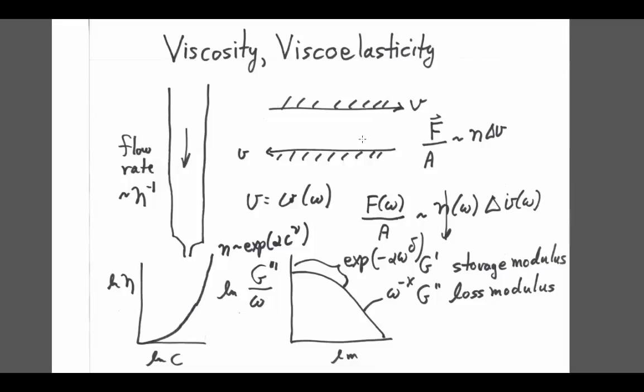Now, usually what you do if you're rotating the cone or the plate back and forth is that you rotate things through a small angle, but you can also do what is known as large angle oscillatory studies, and in the large angle oscillatory studies, oh, surprise of surprises, you make the angle large and watch what happens to the viscosity.